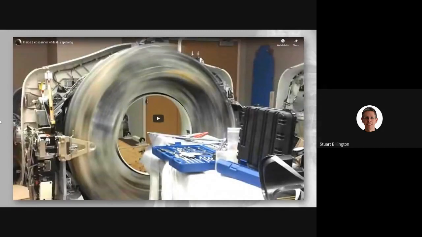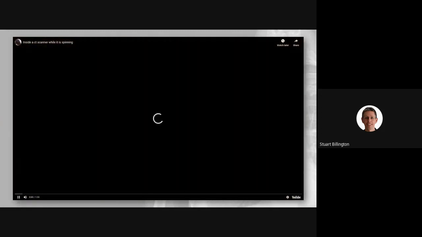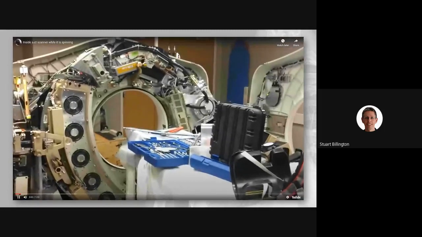Just another quick video to show you how it manages to do 1,000 images per second. I think a lot of people tend to think that the X-ray scanner might rotate quite slowly around the patient. This is a cross-section of it being tested.